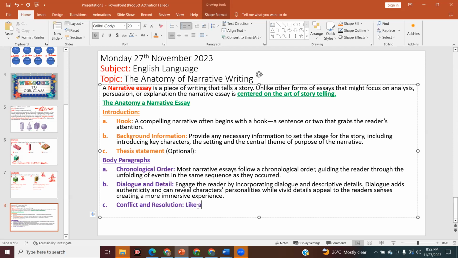Like any good story, a narrative essay often involves some form of conflict or challenge.